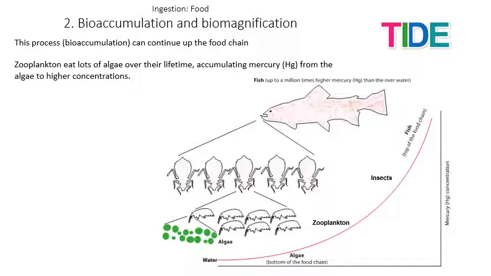For example, zooplankton that live off these photosynthesizing algae will eat a large amount of this algae over their entire lifetime, and they will accumulate a large fraction of all of the mercury in this algae and hold it in their cells. And so this increases the mercury concentration in the zooplankton to an even higher level than that in the algae.